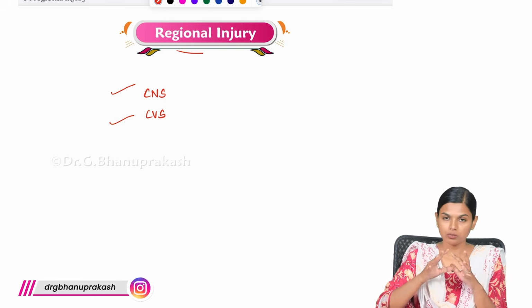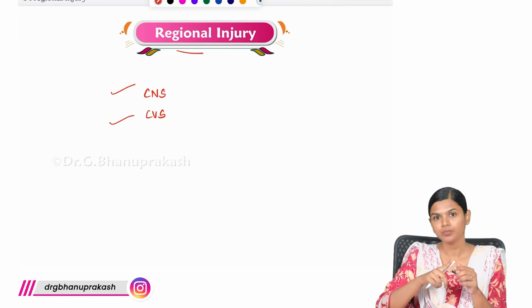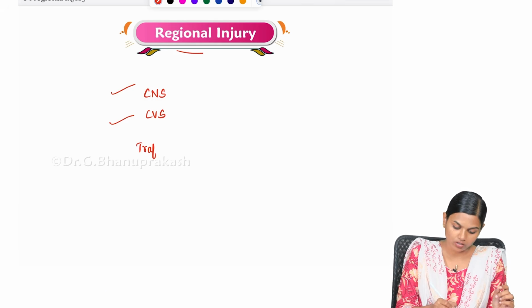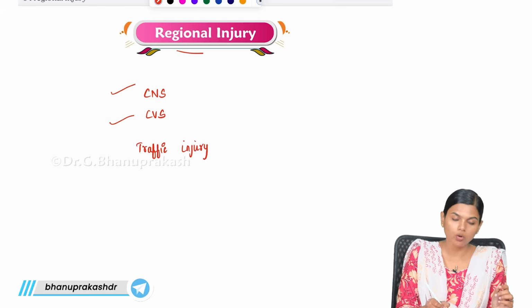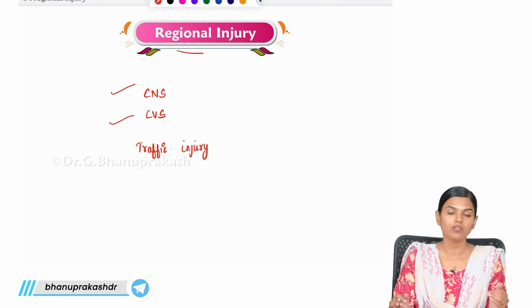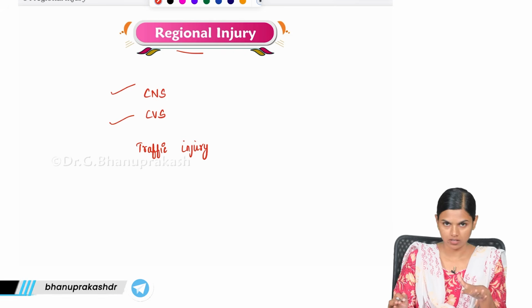Especially CNS injury, brain and spinal cord, is what we are mainly going to deal with in this chapter. Apart from that, we will also be seeing traffic injuries, the injuries that happen during a road traffic accident, like an automobile accident.